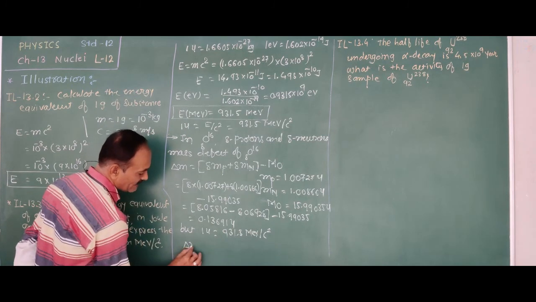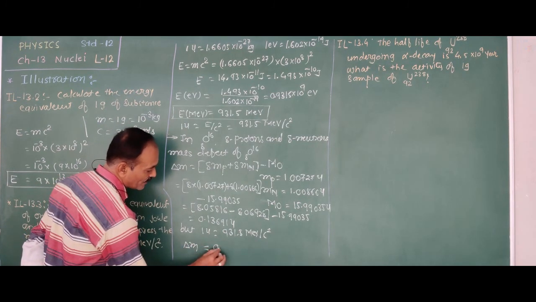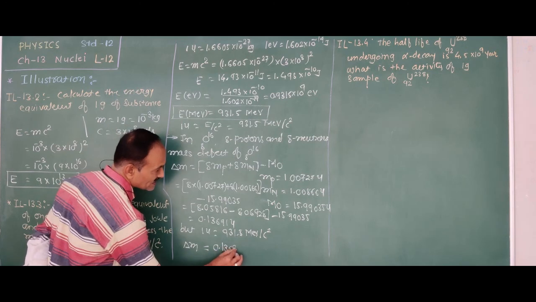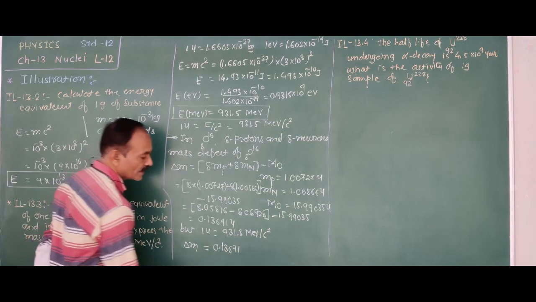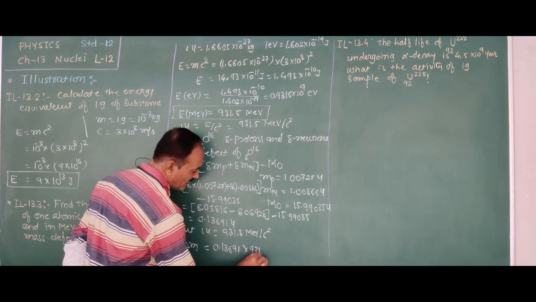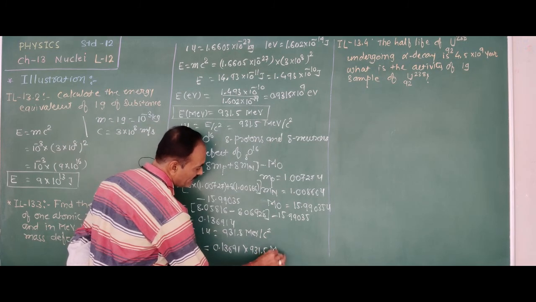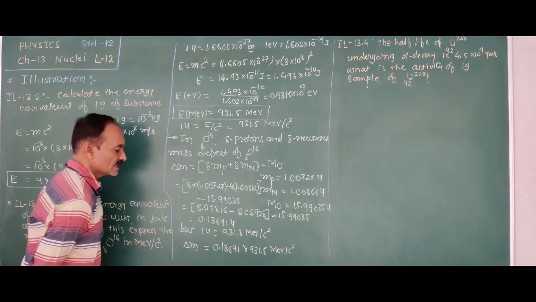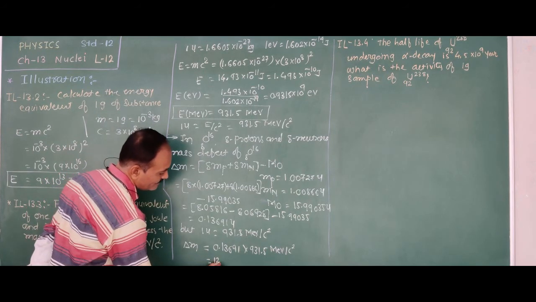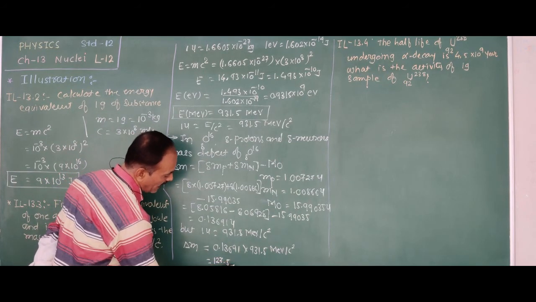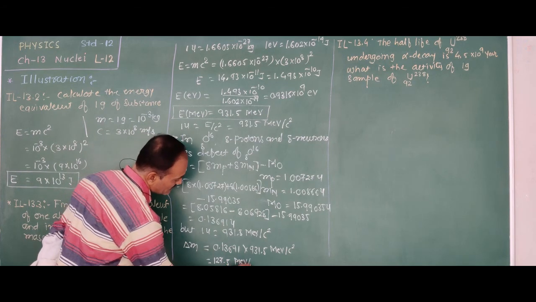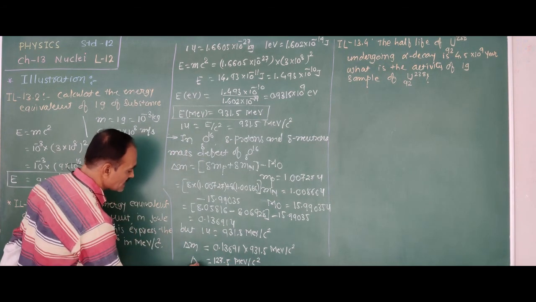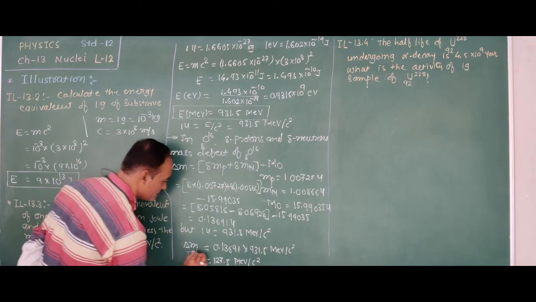Therefore, mass defect delta M is equal to 0.13691 into 931.5 MeV per c square. Therefore, 127.5 MeV per c square. That is the mass defect of oxygen.